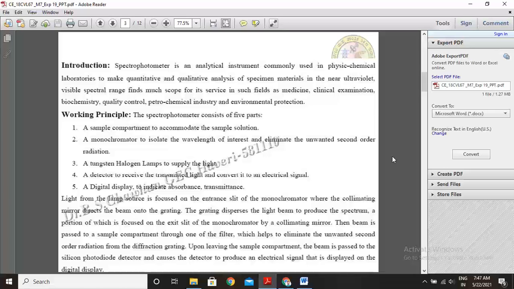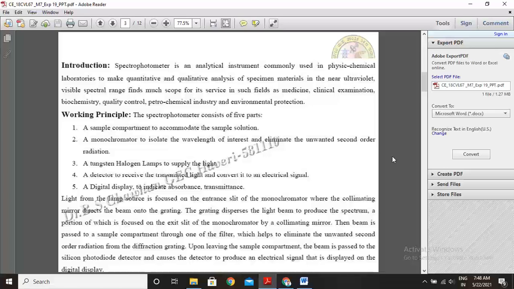What are the working principles of this spectrophotometer? Let us see. The spectrophotometer consists of 5 parts. One is a sample compartment to accommodate the sample solution. Second is a monochromator to isolate the wavelength of interest and eliminate the unwanted second order radiation.